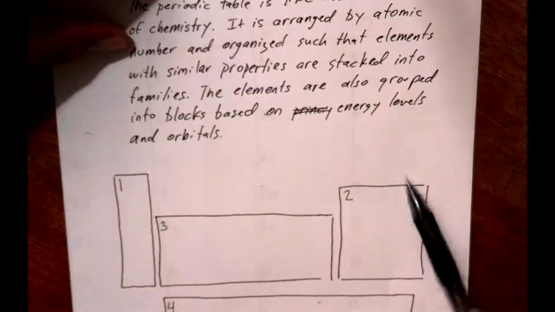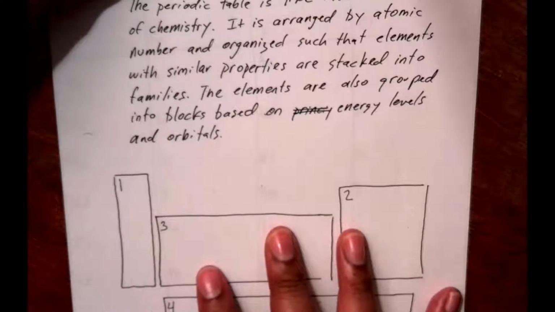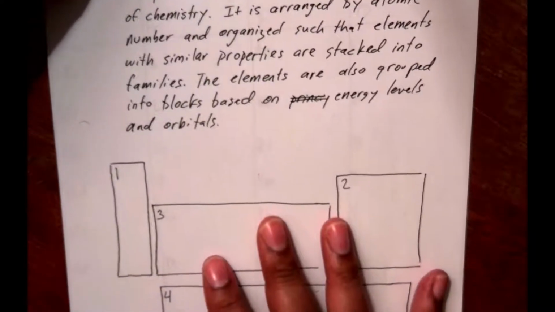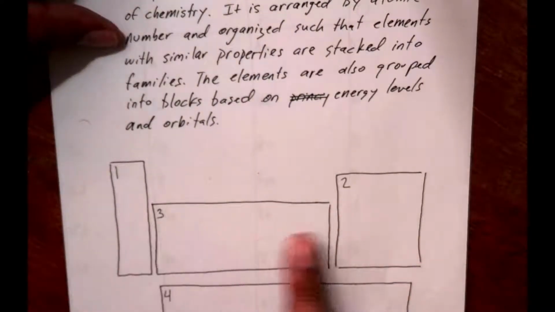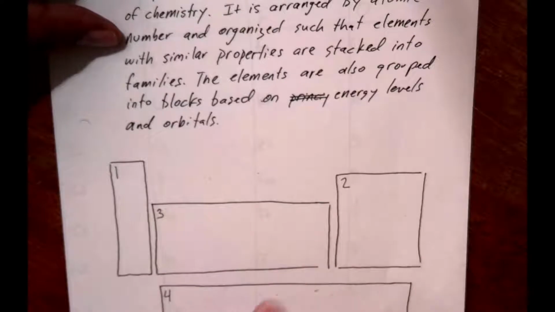I want you to imagine this as the magical apartment complex for the elements, okay? And each of these towers, or what Thompson calls blocks, each of these blocks will have its own letter.